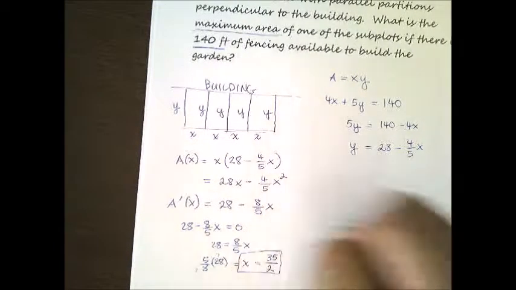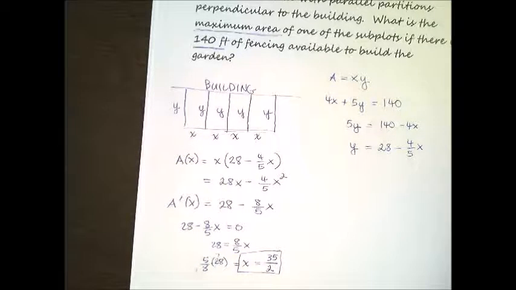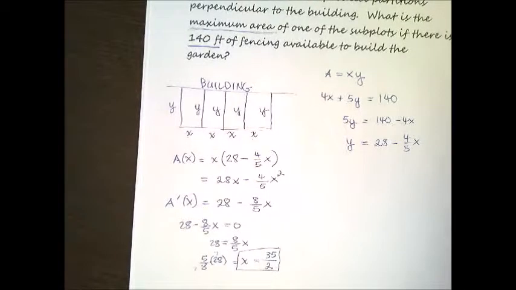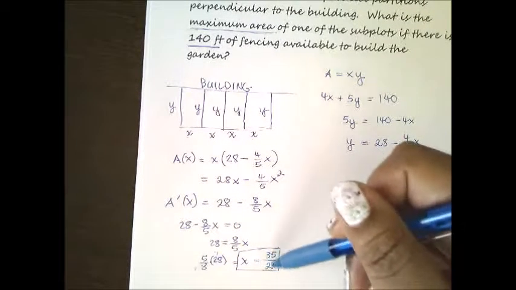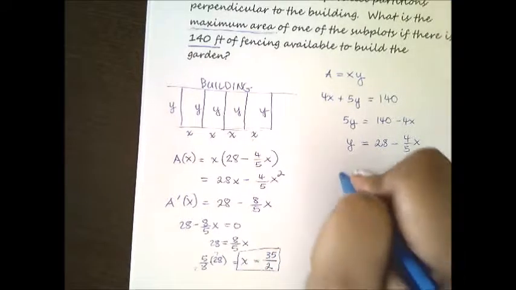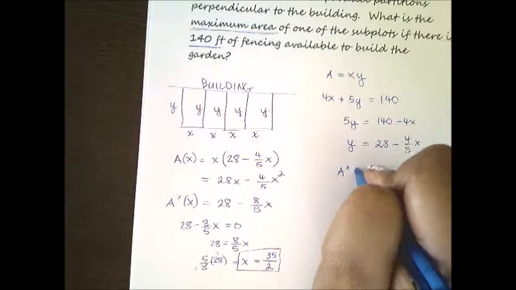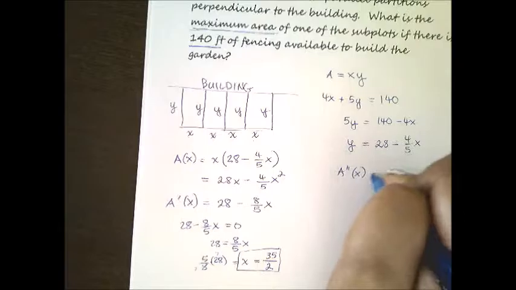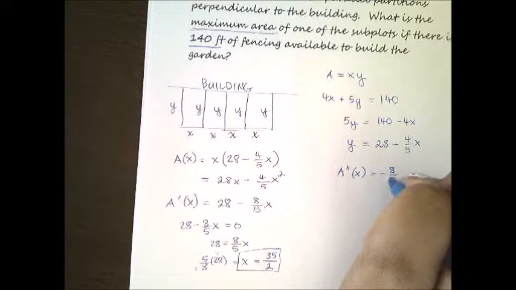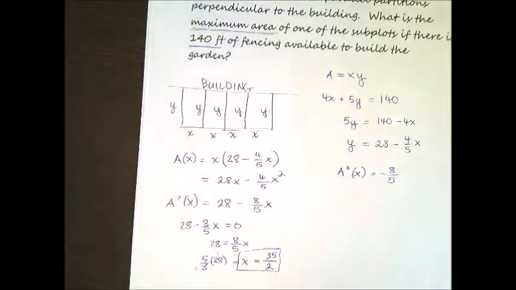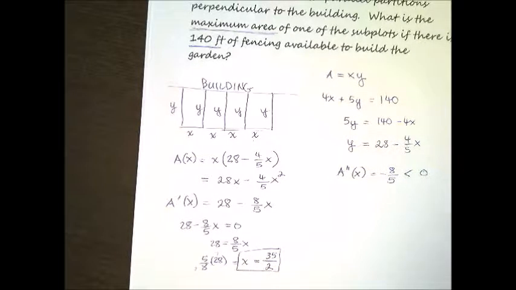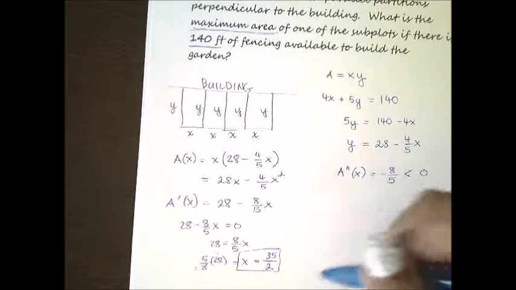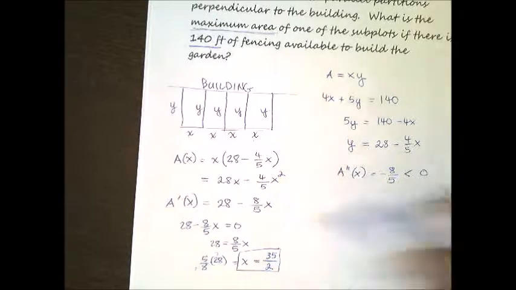This might be a good time to try out doing a second derivative test. What do you think? So here's my value. A prime of x is equal to 0 at 35 halves. It's pretty easy to take the second derivative. A double prime of x is equal to negative 8/5. And since this is negative, that's less than 0, that means that there must be a maximum at x equals 35 halves.